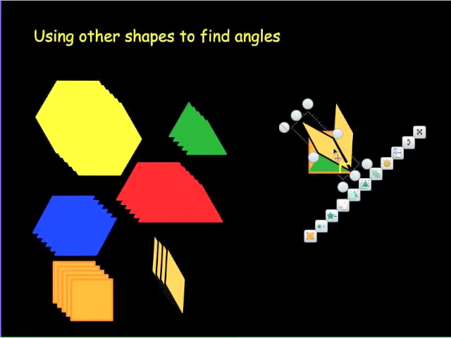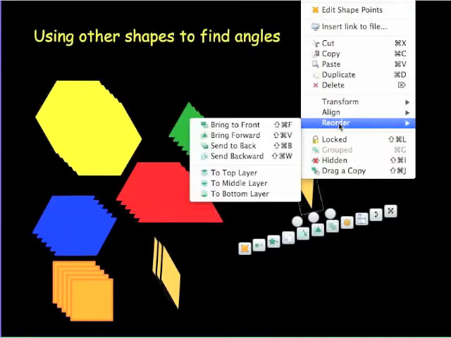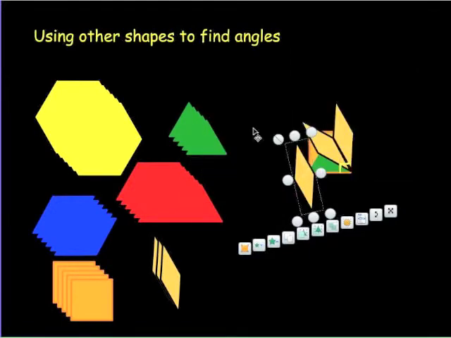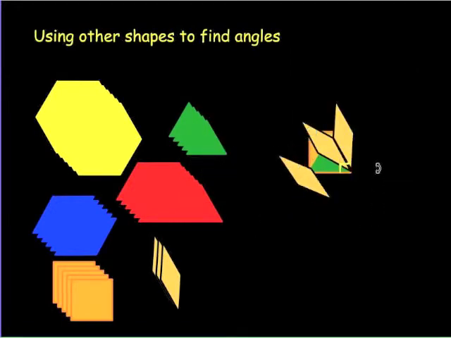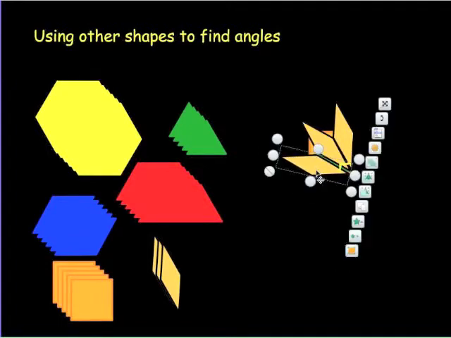So 1, 2, and let's do one more. It's not quite perfect, but as you can see, there are 3 angles here, three corners of the rhombus, that make up the 90 degrees.